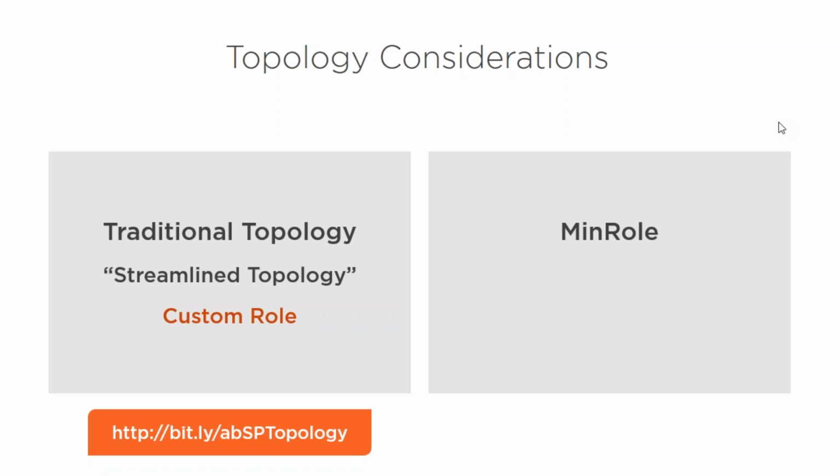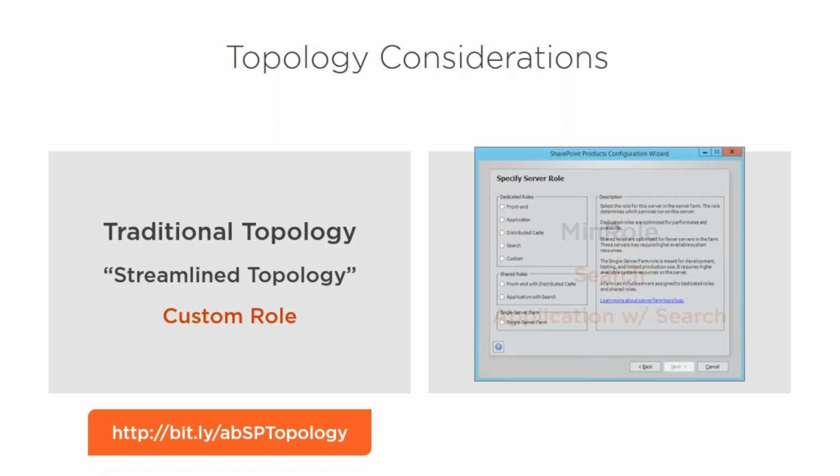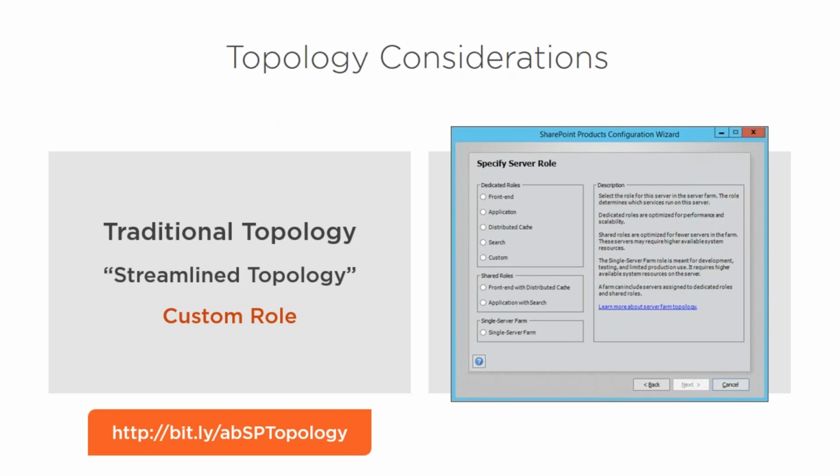But now in SharePoint 2016, we have this option for min role. Min role means that we can have a search server. We can also have an application server with search. This is the view that you will have if you are running Feature Pack 1, which was introduced at Ignite a couple of weeks ago. In this case, you have the choice of using search if you're using RTM bits.